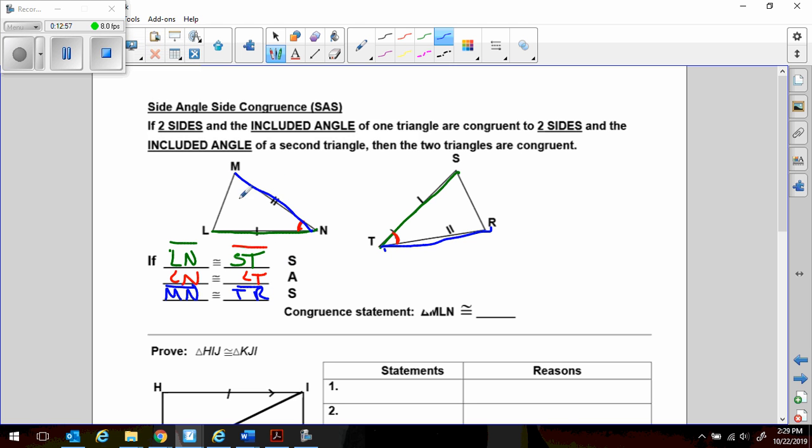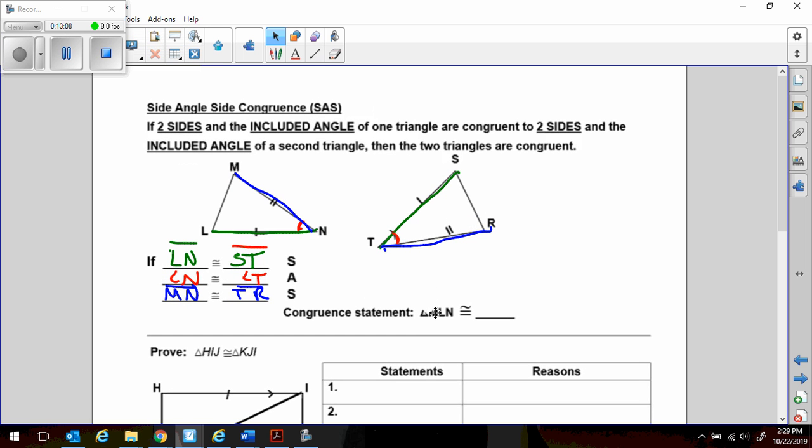Then I can tell you that the rest of the angles and this side are also congruent because these triangles are congruent. I need to write a congruency statement with this triangle MLN is congruent to triangle. Remember, we have to keep it in the same order.